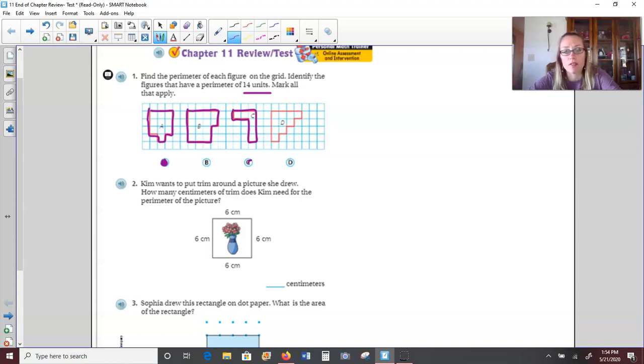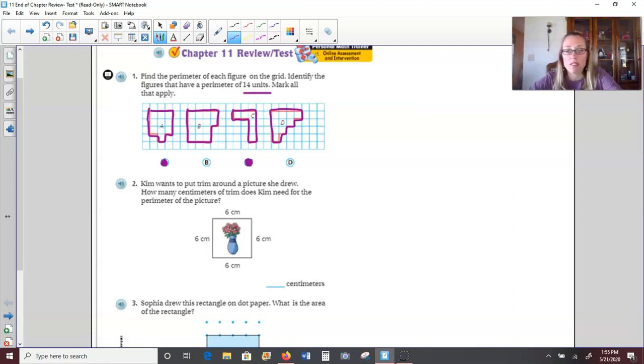That works. So letter C has a perimeter of 14 units. And let's try D. Across the top, 1 through 16. Too much. So A and C end up being our correct choices.